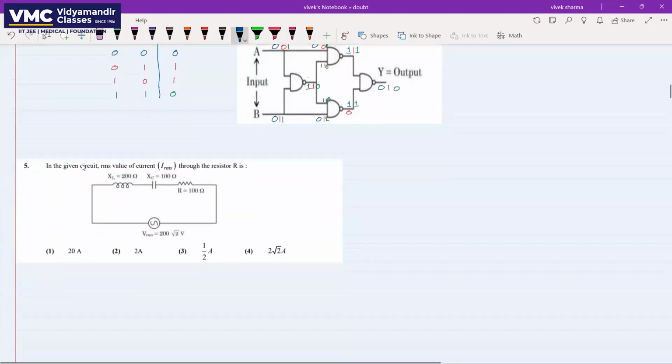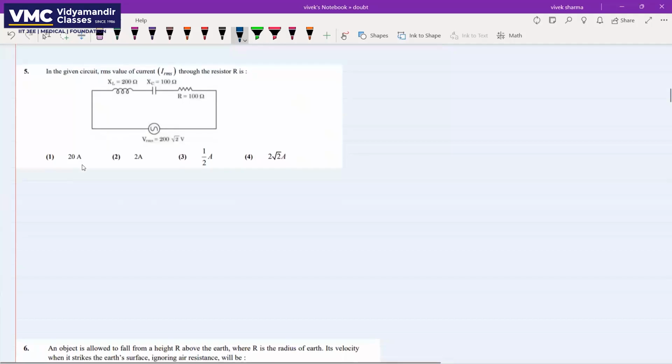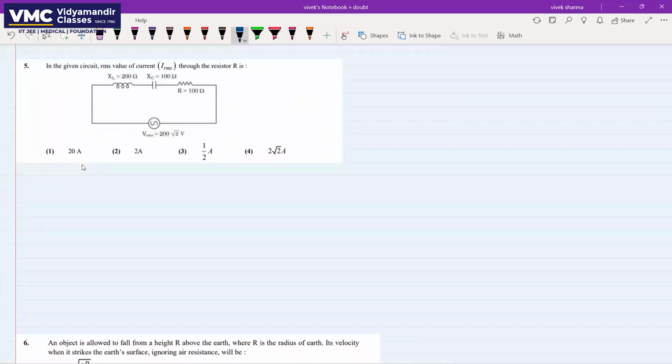Now moving to question number 5. Question number 5 is an AC question. An LCR circuit is given and we have to find the RMS current. So first of all, we will calculate the impedance Z of the circuit, which is written as the square root of R square plus (XL minus XC) the whole square.